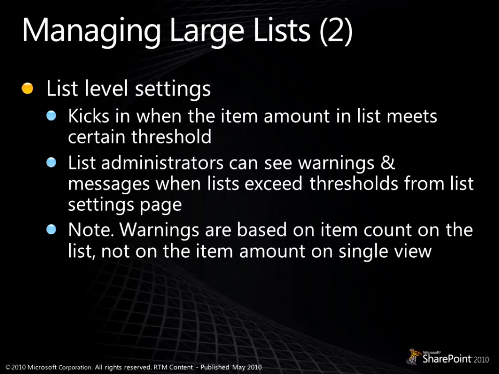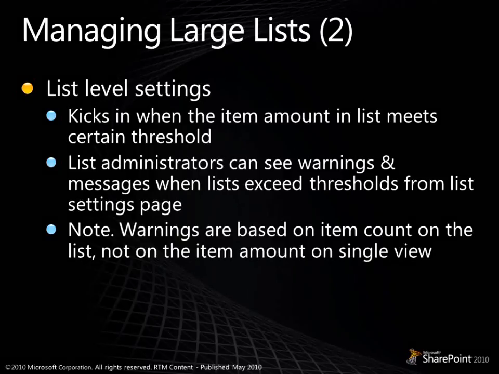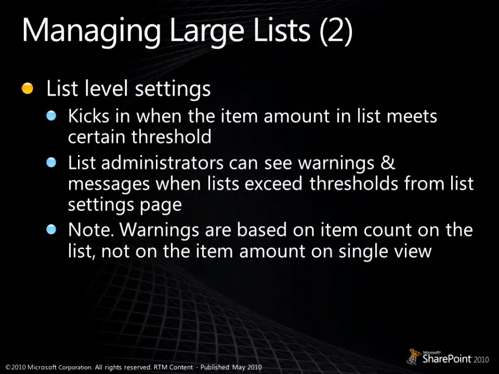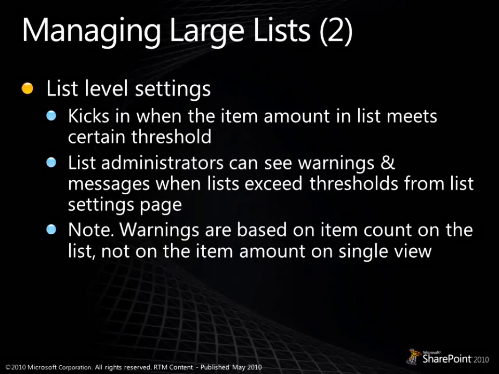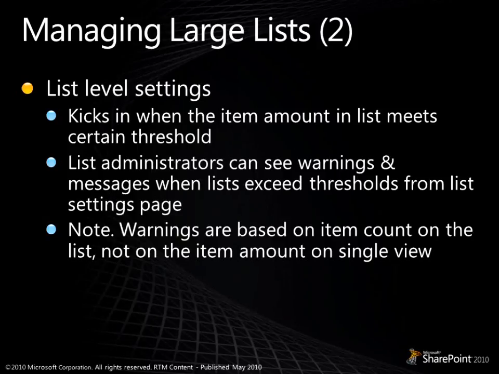You can still have, for example, 50 million items in a single list, and the list would work properly if it has been designed properly. Threshold applies for list views and for the queries applied against the list. The same applies for any custom code which might have been developed. This means that the warning can even be misleading.